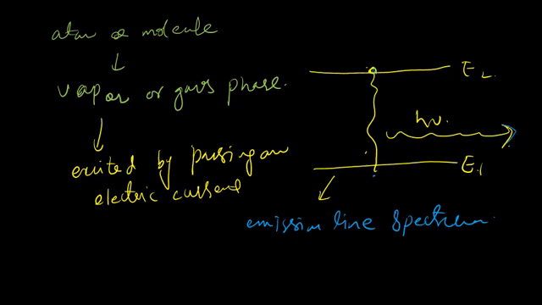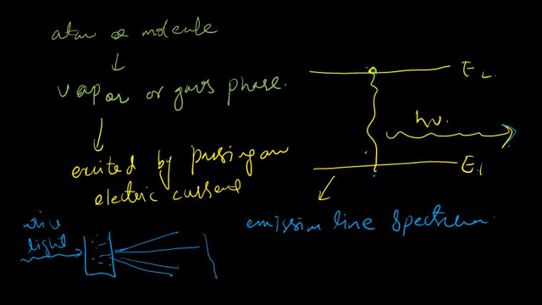Similarly, when white light is passed through a rarefied gas, the resulting radiation transmitted through it is changed, because the gas absorbs some frequencies or wavelengths. The result is the absorption line spectrum.